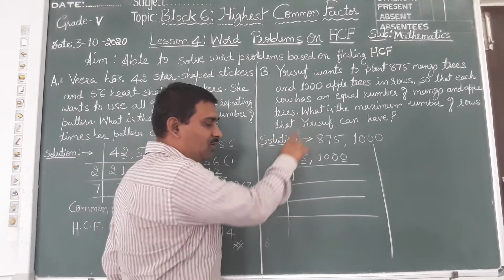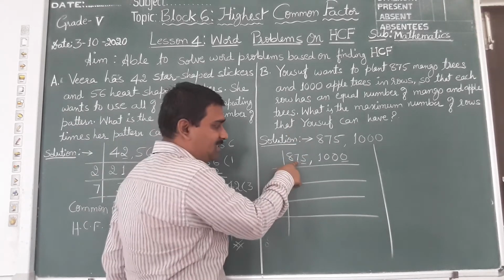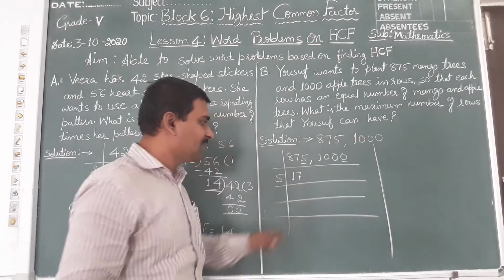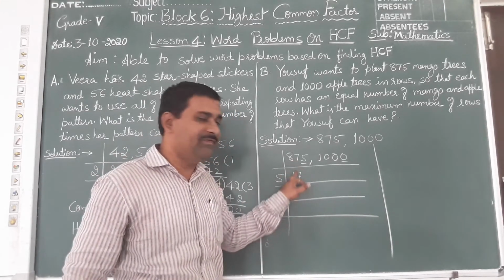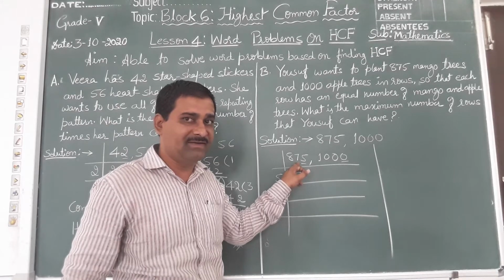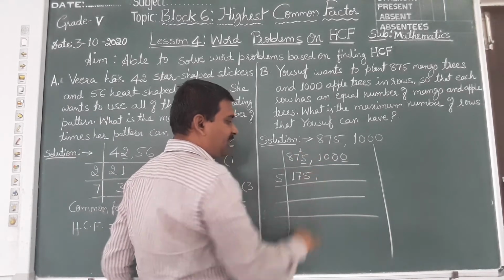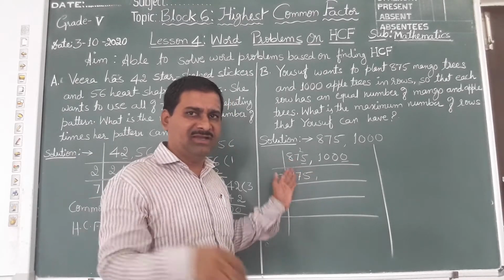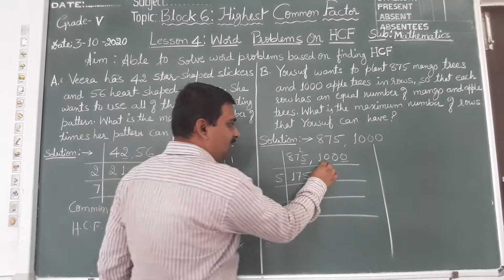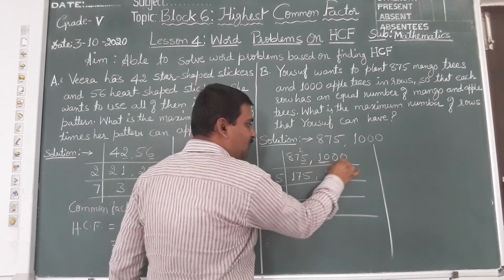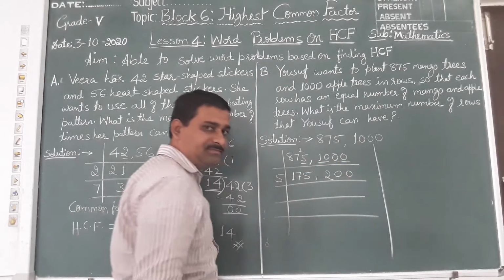Out of 37, 5 7s are 35, 2 remains, 25, 5 5s are 25. When you are doing it in your notebook, you will come to know. Next 10, 5 2s are 10, and 2 zeros you copy as it is.